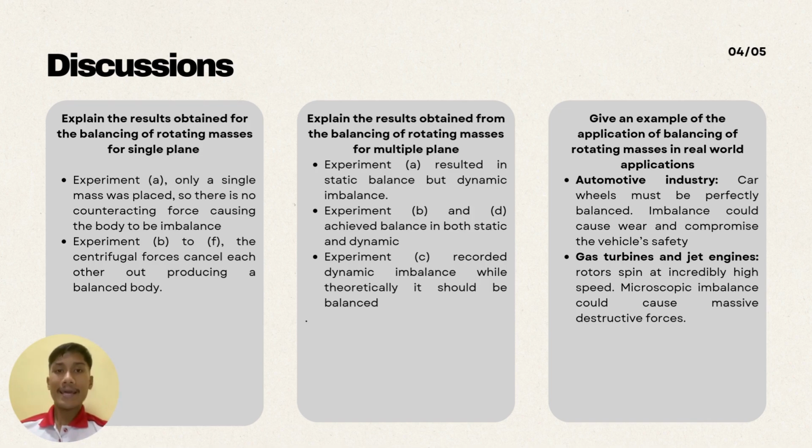So experiments A, B and D followed the theoretical calculations, while on the other hand, for experiment C, the theoretical calculations showed that it should be balanced, but during the experiment we recorded that experiment C had a dynamic imbalance.